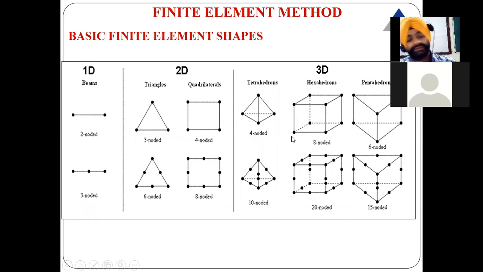So it depends on you what type of shape you want. If it is a 3D figure, you can divide it into a number of small tetrahedrons, hexahedrons, pentahedrons. If it is a 2D figure, it can be divided into triangles, quadrilaterals, and so on.